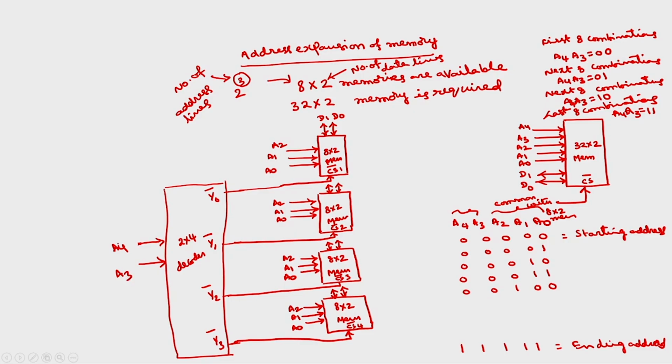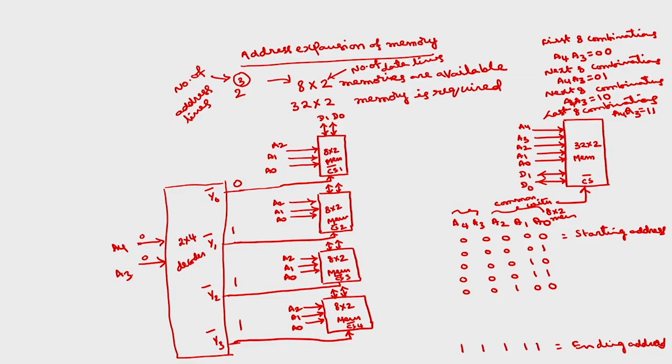Between these two, A4 is MSB, A3 is LSB. If I use 0 0 here, Y0 will be selected; selected means 0, not selected means 1. This is negative logic, where you have bubbles. If I use the AND gate, then you have to use positive logic. Selected means 1, not selected means 0.